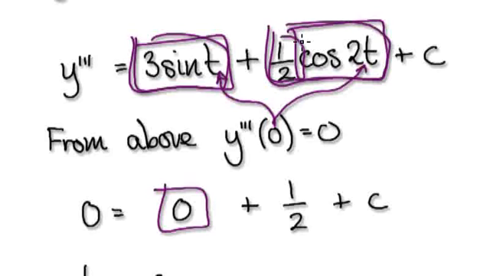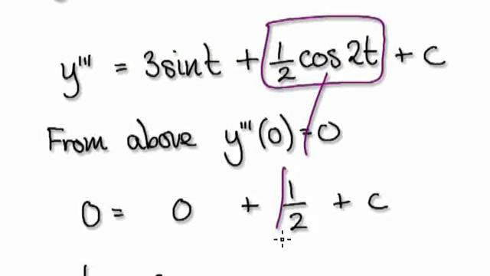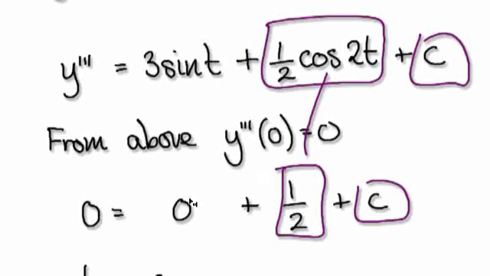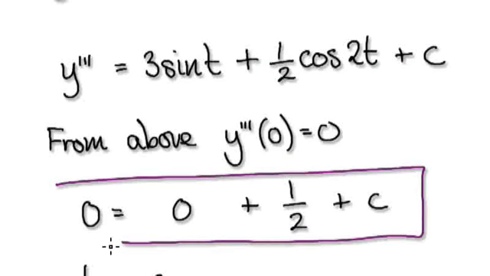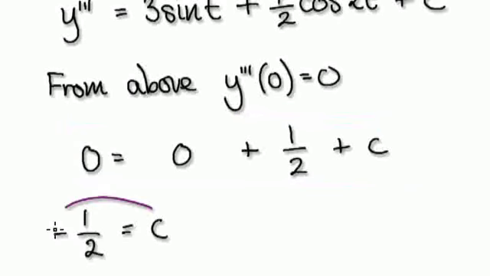So this whole block here will be a half. So this block here is a half, and then c here is c, and now we can use this to work out the c. So c happens to be minus a half.